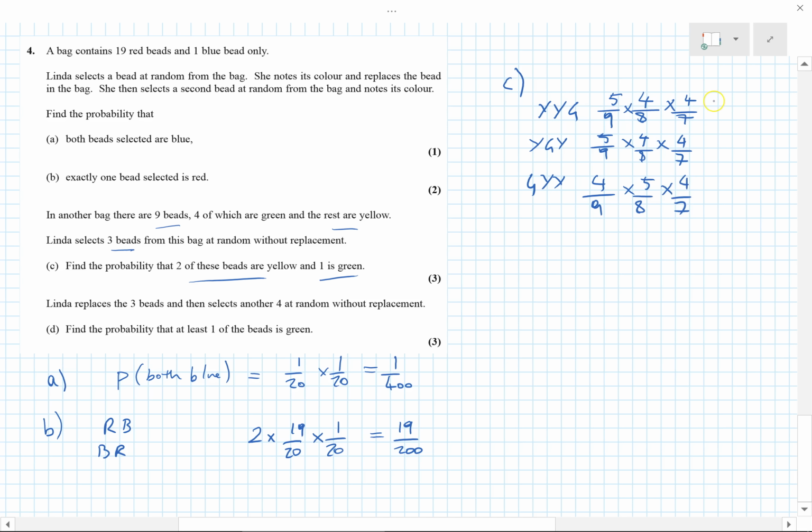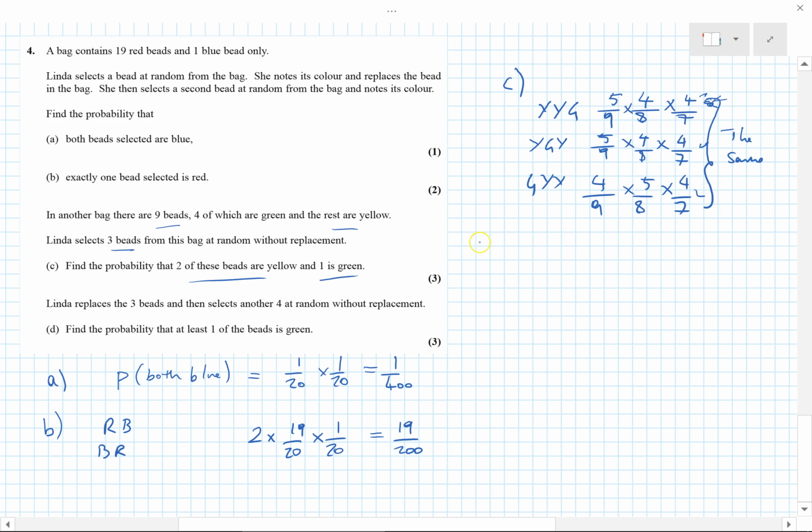Now what you'll notice is, look at the top, we've got a 5 times a 4 times a 4, a 5 times a 4 times a 4, and a 4 times a 5 times a 4. And then on the bottom it's all the same. Each one of these is the same, and it will always be like that with these types of questions.